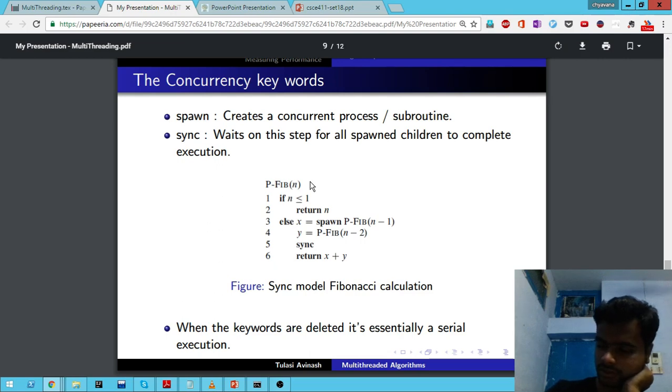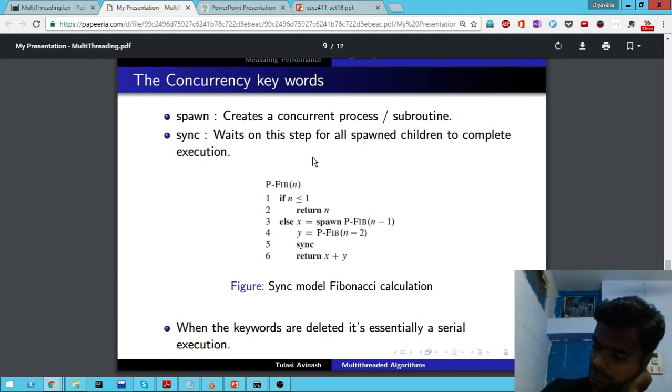The execution continues, and when we reach f of n minus 1, we spawn a new thread whose value is n equal to 3. We don't just spawn, we continue the execution, but it gets interrupted when another function is called for n equal to 2. After we call this function, we wait at a particular point for both of these functions to sync.